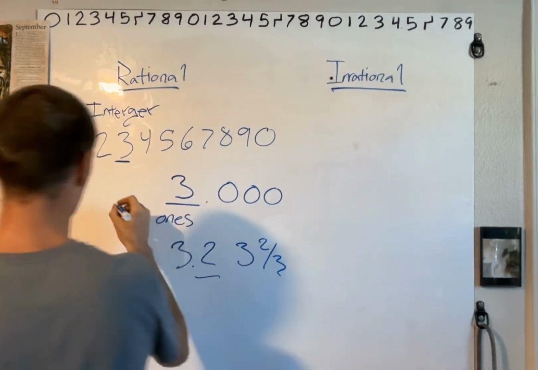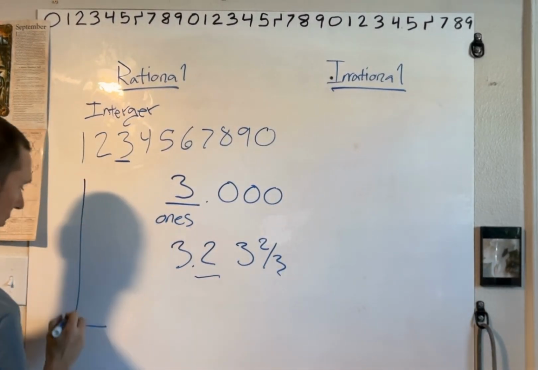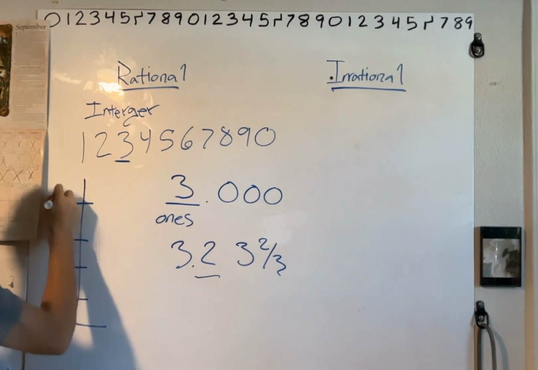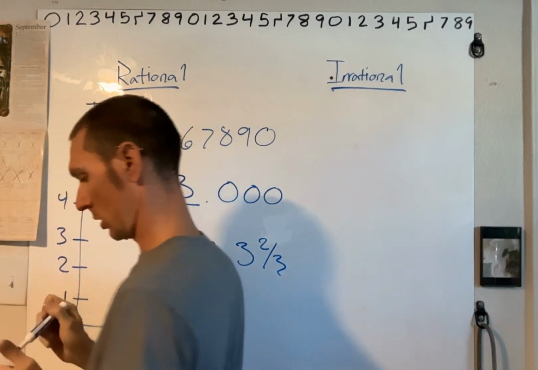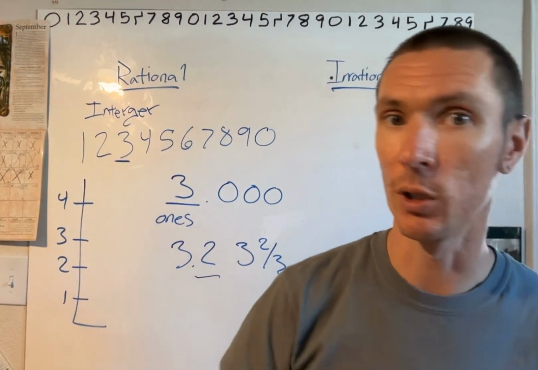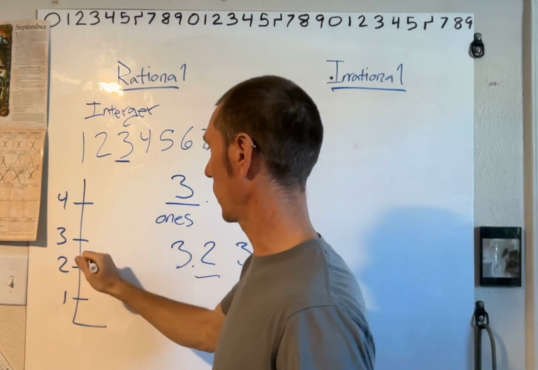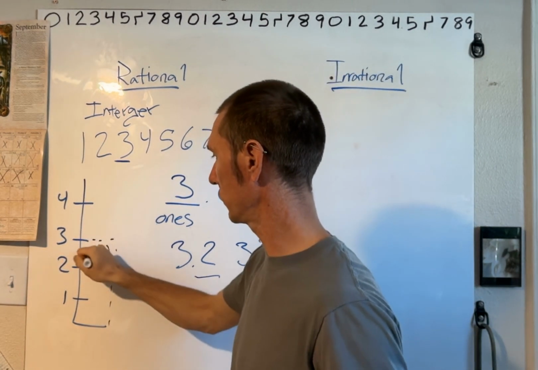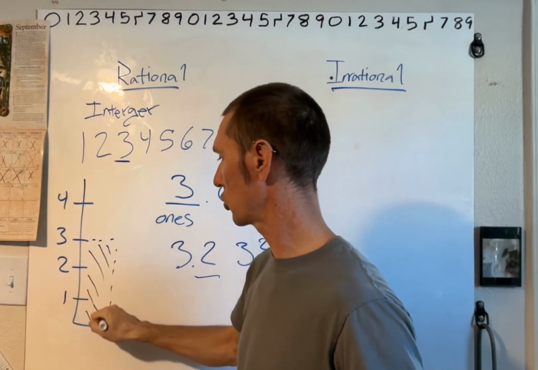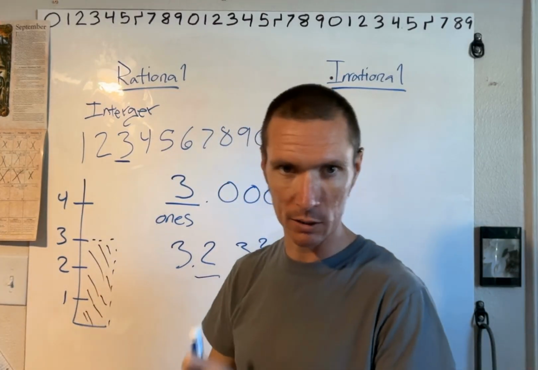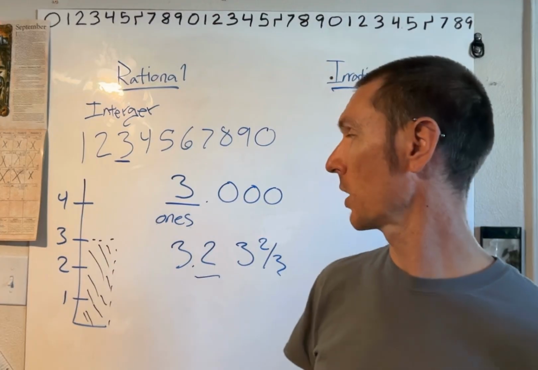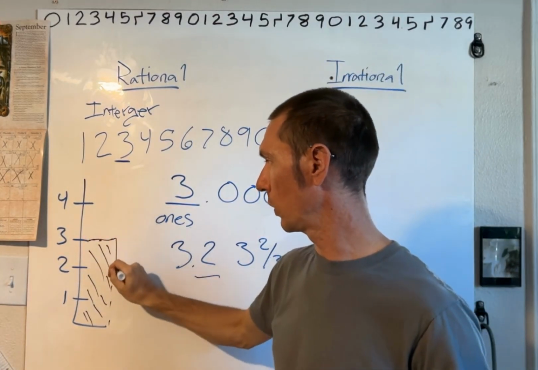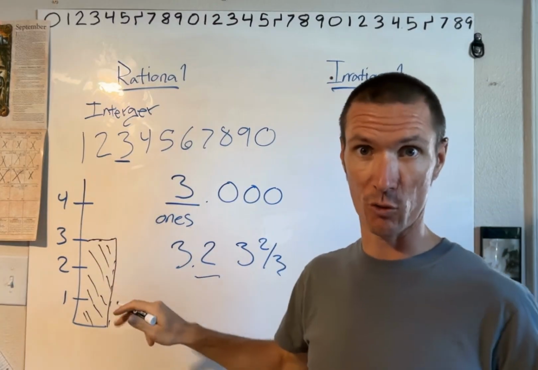If you think about it as like 1, 2, 3, 4, your whole number would be right at this 3. You now have the shaded area. I don't know if that looks good or not. But the shaded area, you stop right here when you hit the 3.